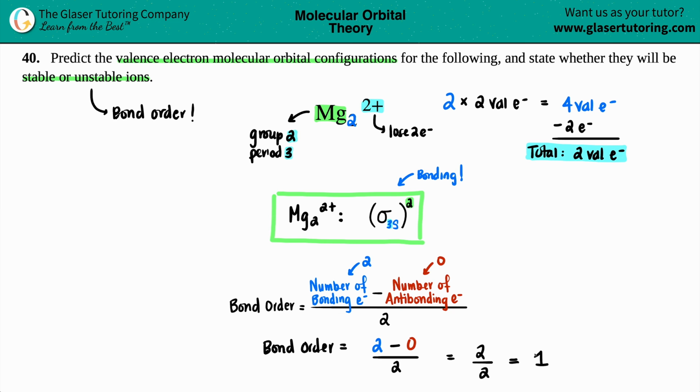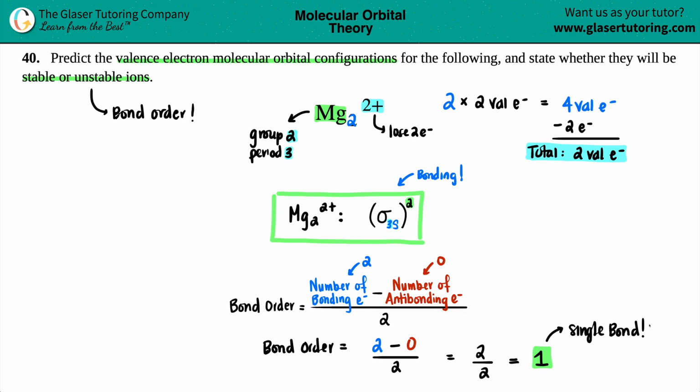Okay, well what does that tell me, right? We have a bond order equal to 1. And a bond order equal to 1 means that we are going to form a single bond between the 2 magnesiums. So if you have a bond order that's greater than 0, basically, you don't want a bond order of 0.